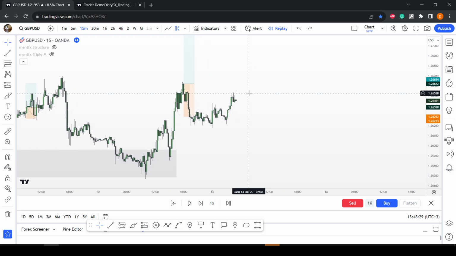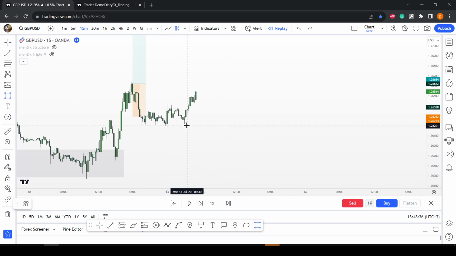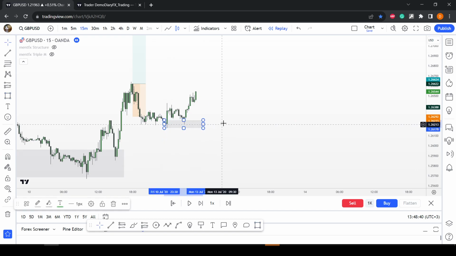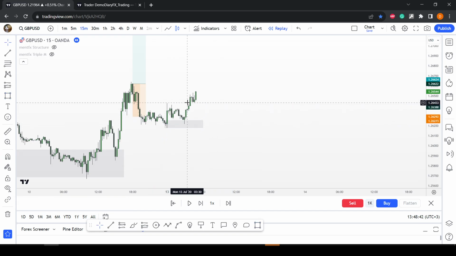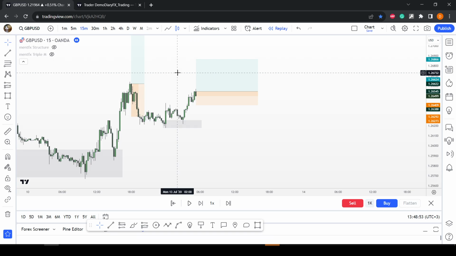So I just need to skip it. However, as you can see, this range provided basically good entries, from the zone and on the break. And we have one more impulse, correction, and possible impulse here. So let's protect ourselves like this.